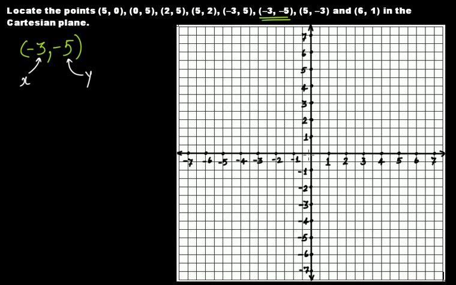So in the negative direction of the x-axis you have to travel 3 units, 1, 2 and 3 units, and from this -3 point you have to travel 5 units in the negative direction of the y-axis. So it comes here. So if you connect this, it is like this.